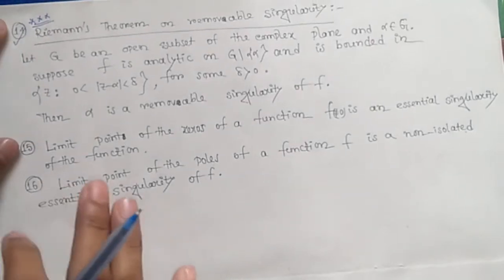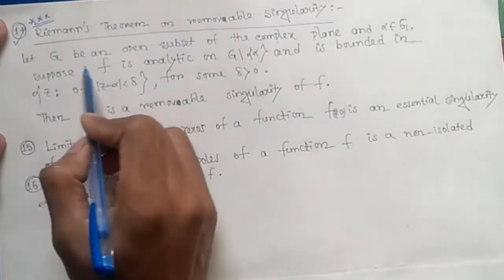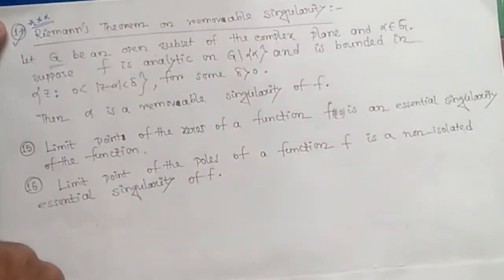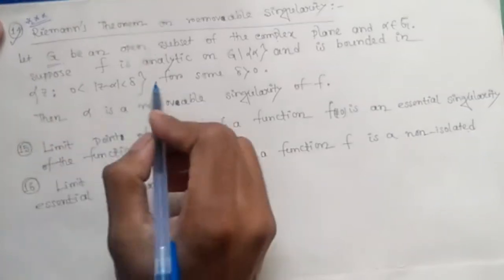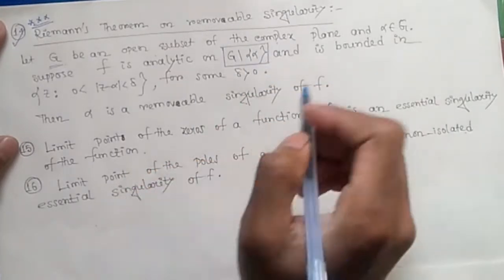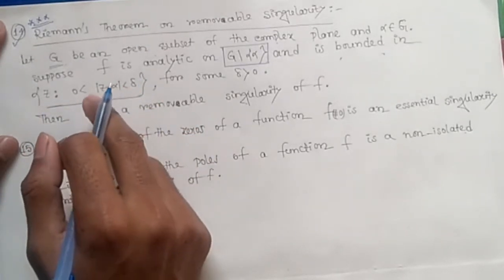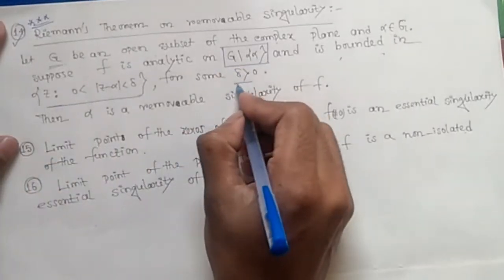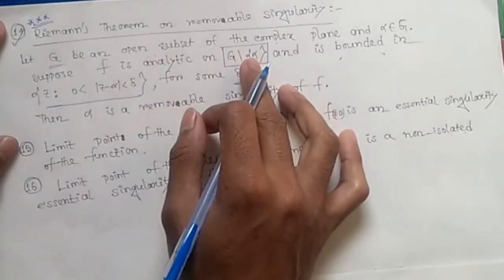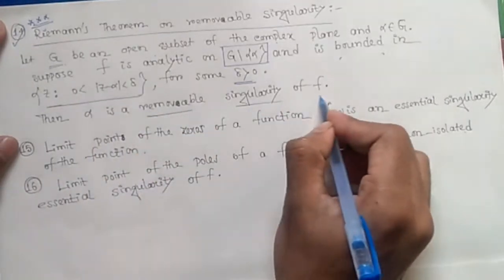The theorem says let G be an open subset of the complex plane C, and alpha belongs to G. Suppose f is analytic on G minus alpha and is bounded in a deleted delta neighborhood of alpha for some delta greater than 0. Then we say that alpha is a removable singularity of f.